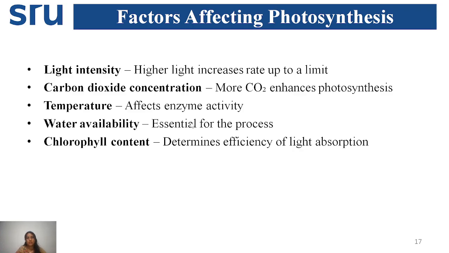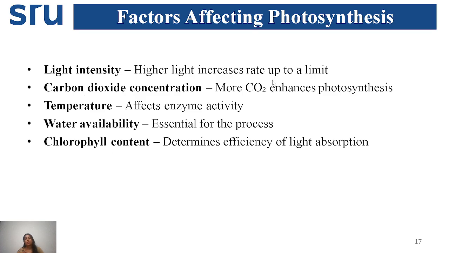Once you understand photosynthesis, whatever things are required for photosynthesis act as limiting factors. So if anyone asks you about the factors affecting photosynthesis, you can name any factors involved, like the raw materials required for photosynthesis: light and carbon dioxide concentration.